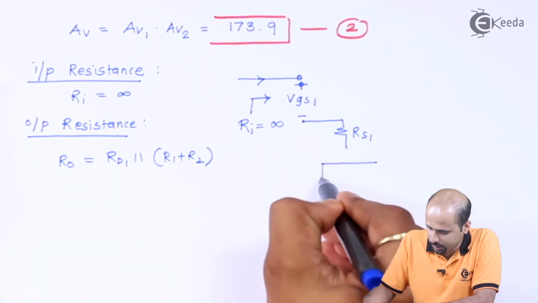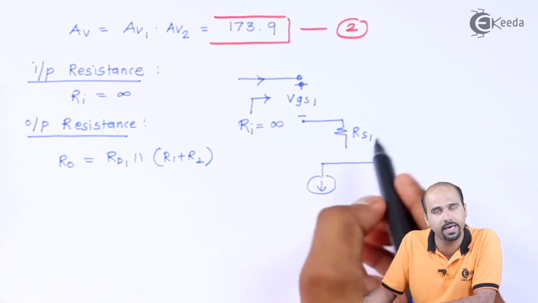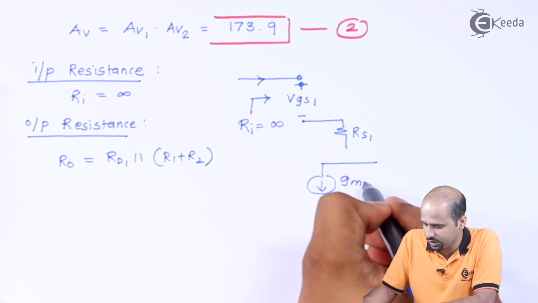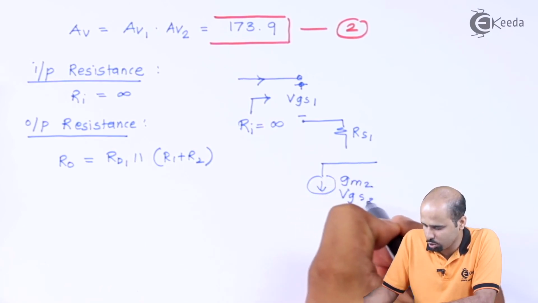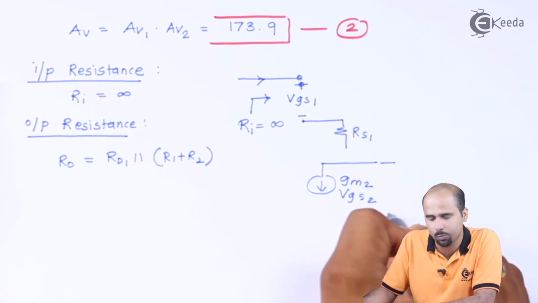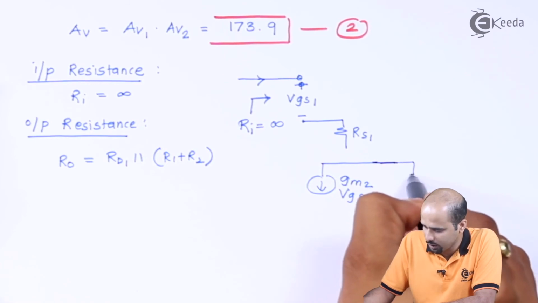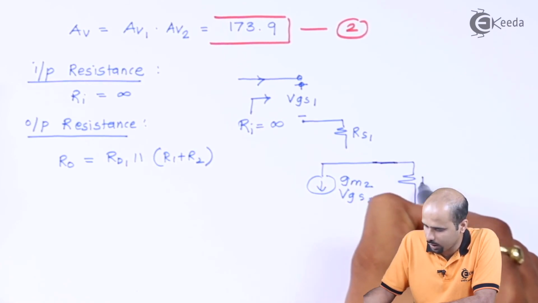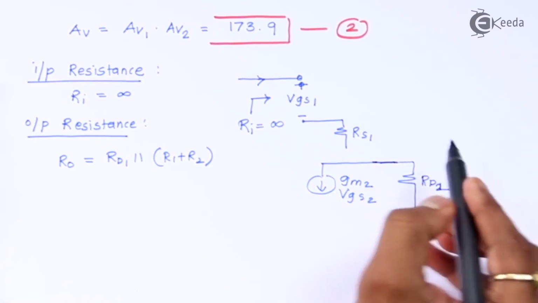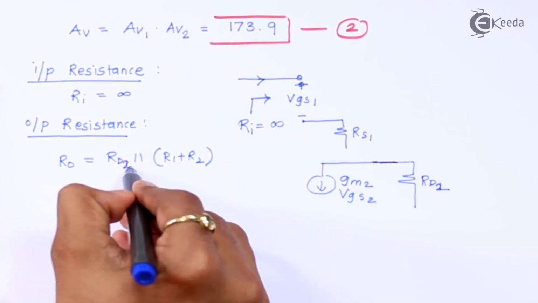So if we draw that AC equivalent circuit, here we'll get the value of GM2 and VGS2. Here we have the dynamic output resistance, which is infinity, and then the value of RD2, not RD1.